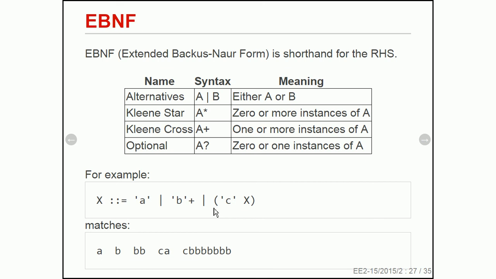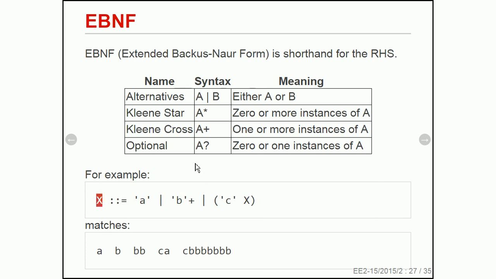So using those definitions, I can say, well, here is the definition of a thing called X. This colon equals is usually used as sort of shorthand for BNF, although again conventions vary a bit. But by putting this, it usually indicates that we're beyond the formal grammar world where we use an arrow.